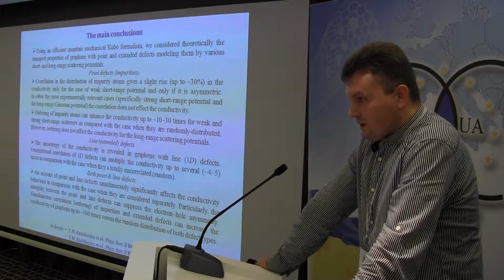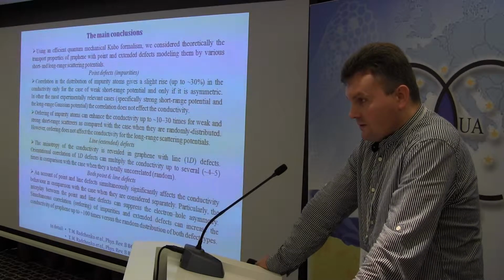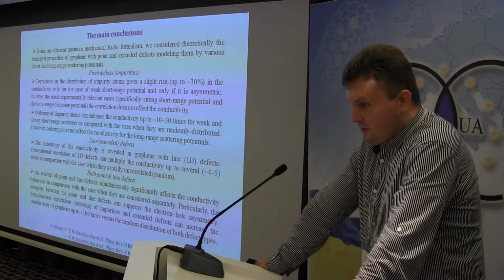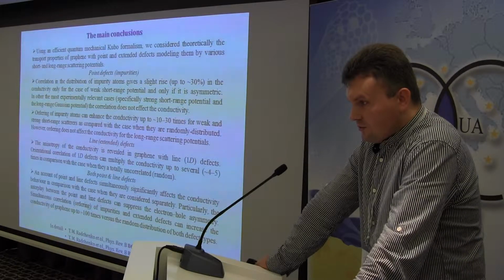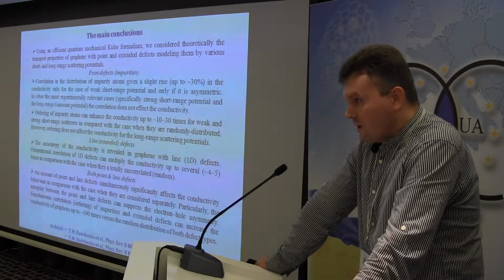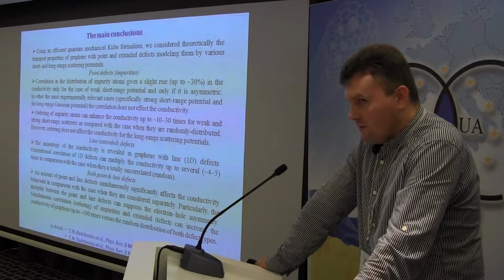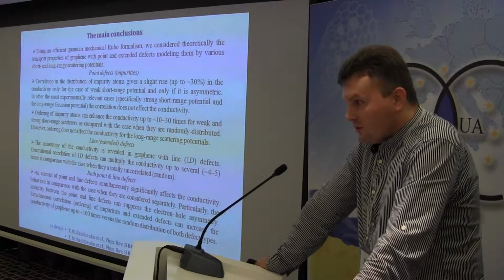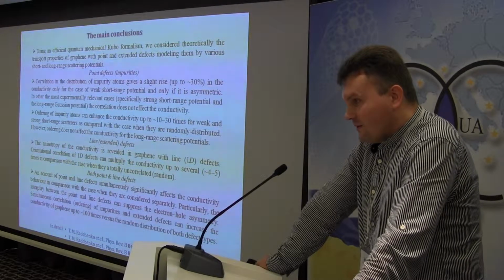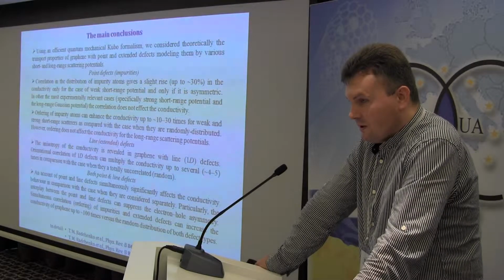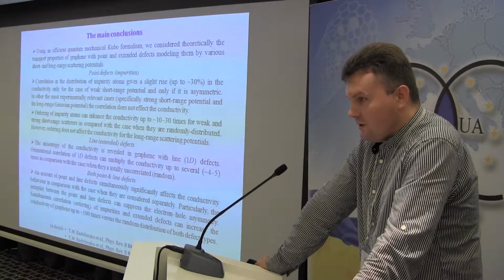And if we consider both kinds of defects, the conductivity can be not only affected in its behavior, but also, due to correlation of point and line defects, conductivity can be enhanced up to 100 times. I think maybe the main question will be how we can put these point defects or line defects with some special correlation, or maybe even how we can create an ordered structure.